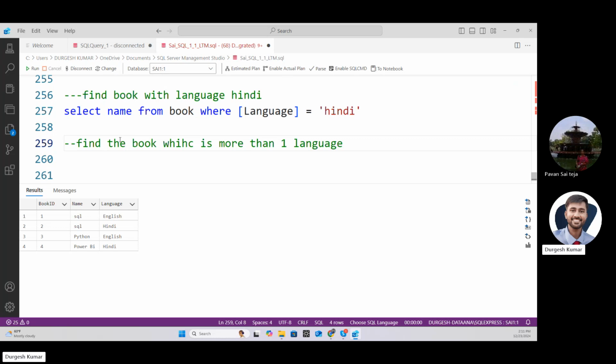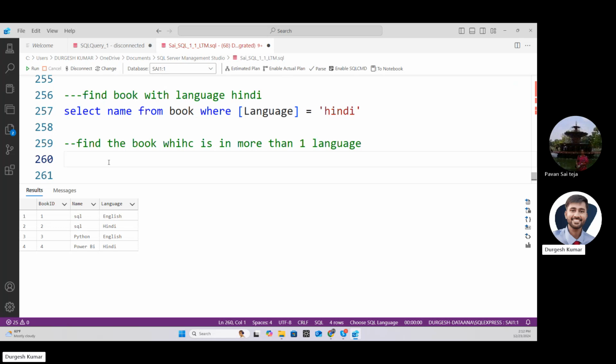Find the book which is in more than one language. अब एक काम करो साई, आप क्वेरी मत लिखो, जस्ट टेल मी द आंसर फ्रॉम दिस टेबल. कौन सा बुक है जो एक से ज्यादा लैंग्वेजेस में है? SQL. And how did you find this? Comparison name and language name.